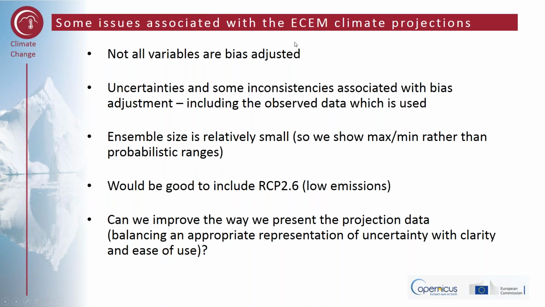There are also data issues associated with this first point, and in some cases we don't have suitable observations for bias adjusting projections. The ensemble size that we've used for the climate projections is relatively small, so unlike Phil Betts, we can't show probabilistic information, which is why we showed the max-min range. For the future, it would be quite nice to include the lower RCP 2.6 projections.